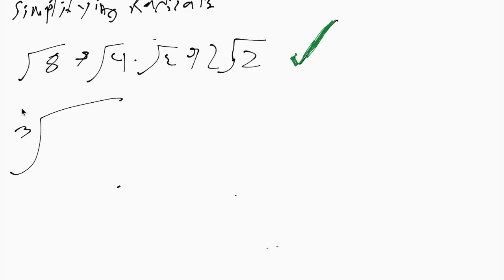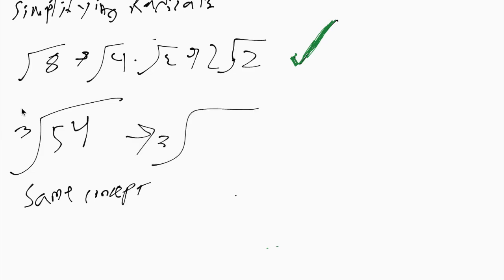And now we're moving on to cube roots. These are a tiny bit trickier, but you get the hang of them. So we're going to be doing cube root of 54. It's the same concept: cube root of 27 times cube root of 2.